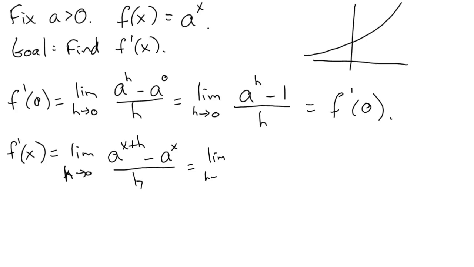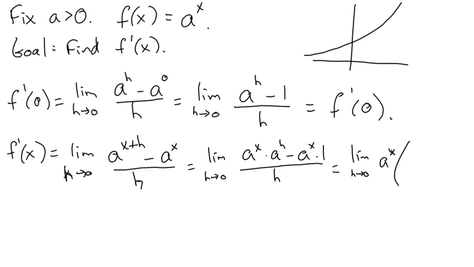So I have limit h goes to 0, and I have a to the x times a to the h minus a to the x times 1 divided by h, and I'm going to factor out an a to the x. So I have limit h goes to 0, a to the x times, and what am I left with? Well, I'm left with a to the h minus 1 over h.